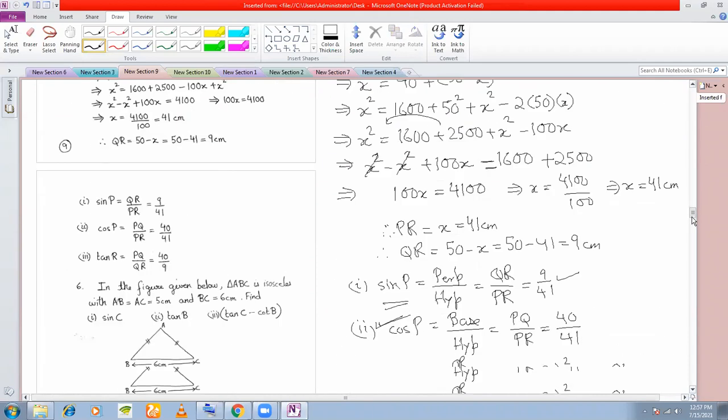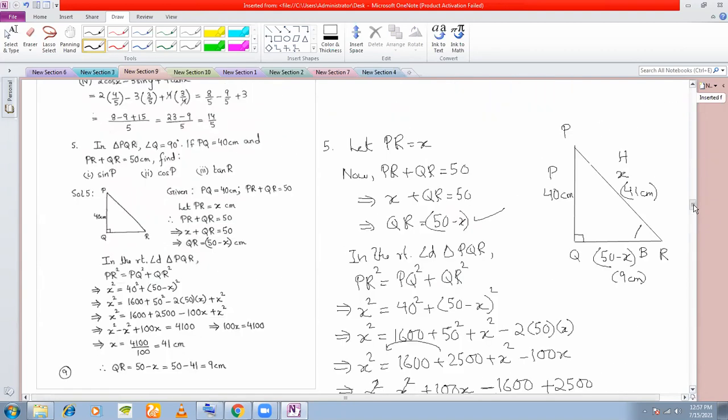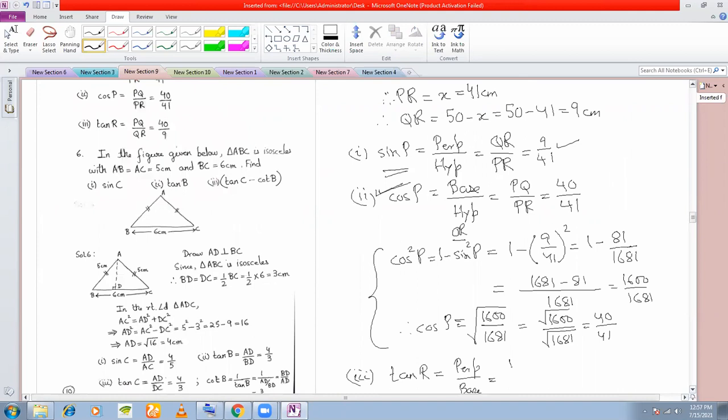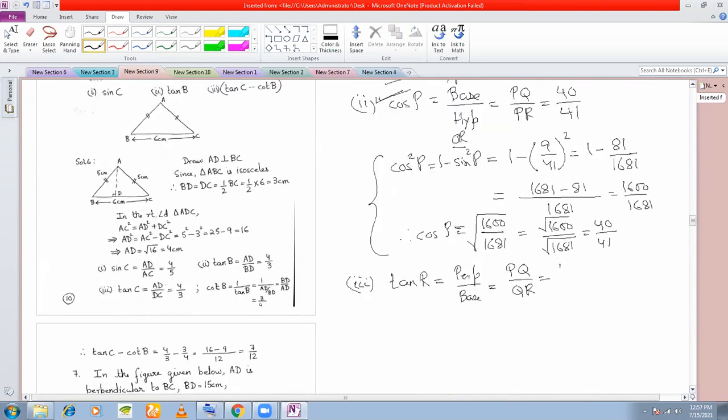So tan R is perpendicular by base. Perpendicular here is PQ, base here is QR. PQ by QR. And what is the length of PQ here? 40. QR is 9. 40 by 9.